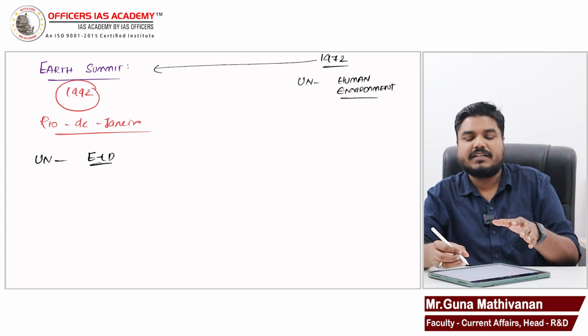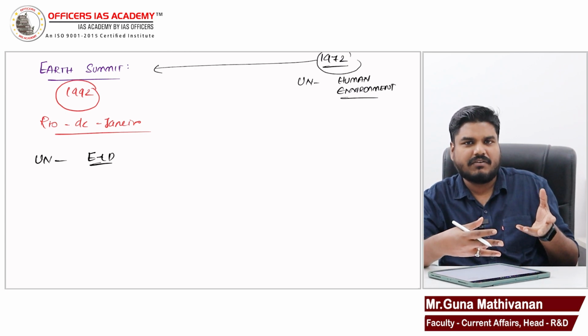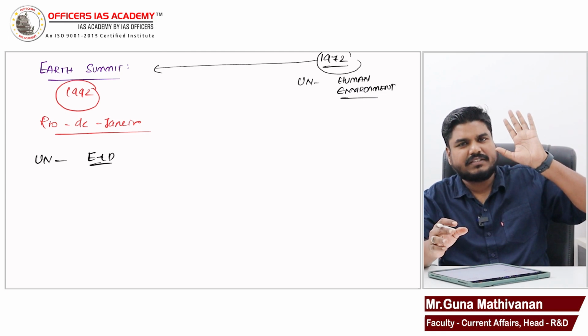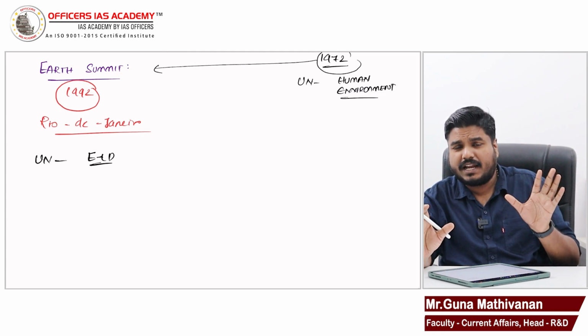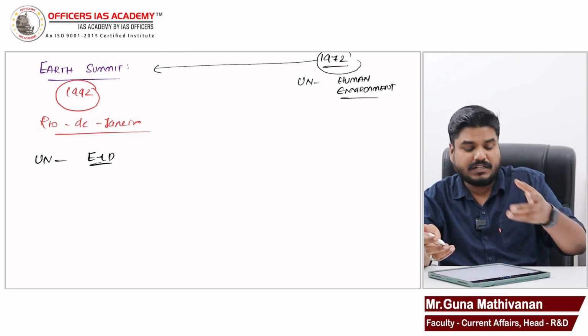Right? Maybe the 1972 Stockholm Declaration can be seen as a predecessor for this particular conference. So the 72 conference was about pollution and reducing the human impact against environment.